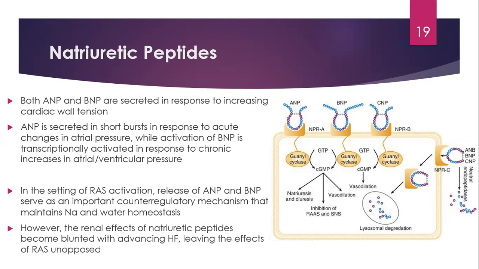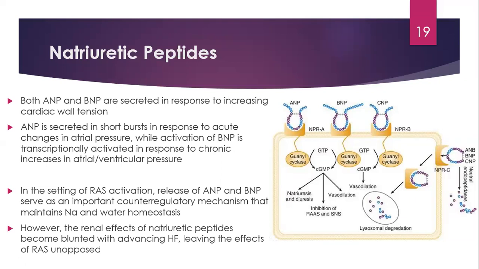So acutely, when the pressure rises, it is ANP that is secreted. But when that pressure rise is sustained and becomes chronic, then transcriptional changes occur within the myocyte and favor production of BNP.